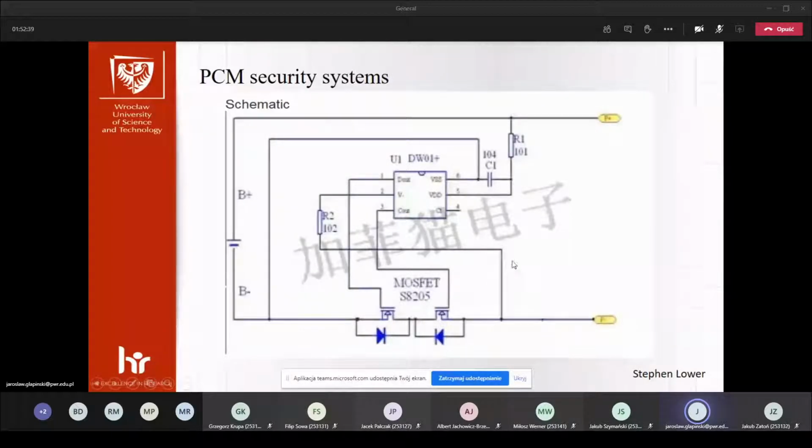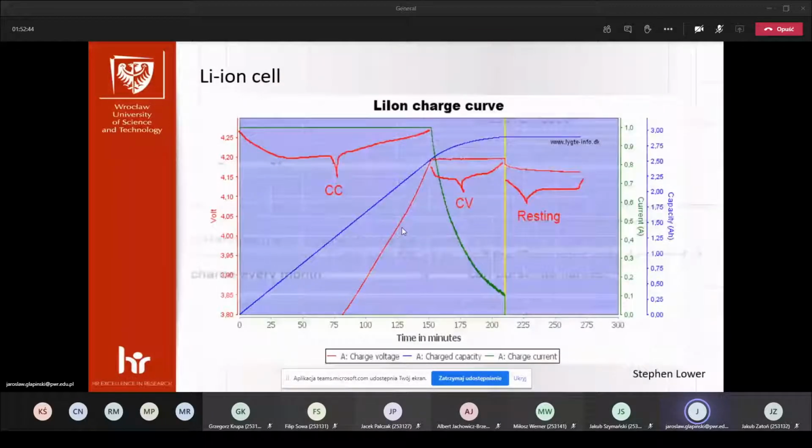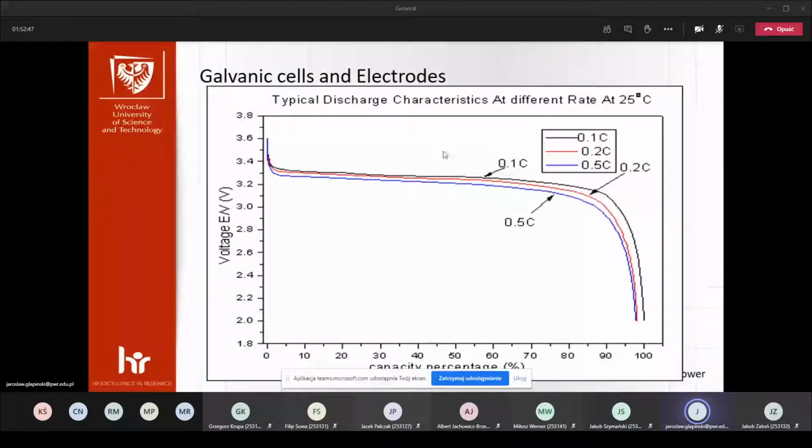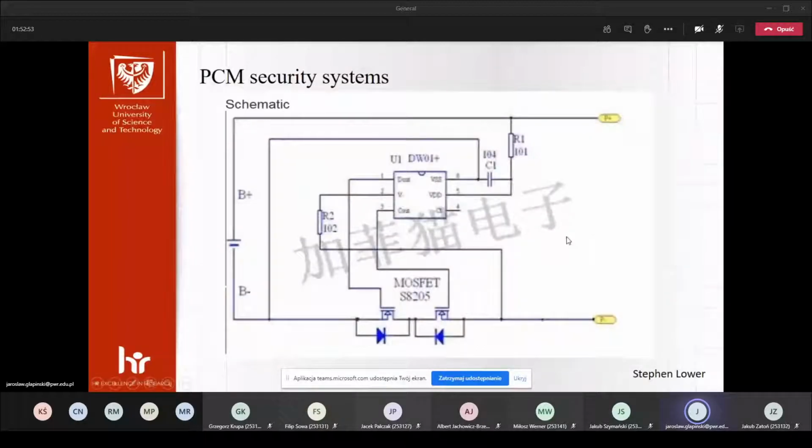Because if we short the battery, which has very low resistivity, the current will be very, very high and the battery can explode. So under voltage, over voltage, and over current. This PCM circuit must be added to the battery because it prevents dangers.